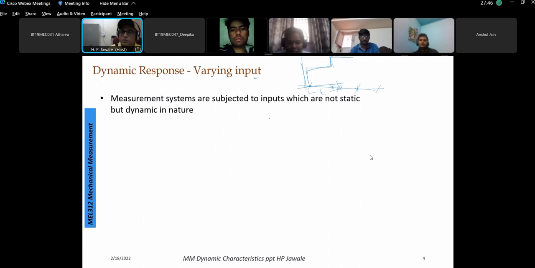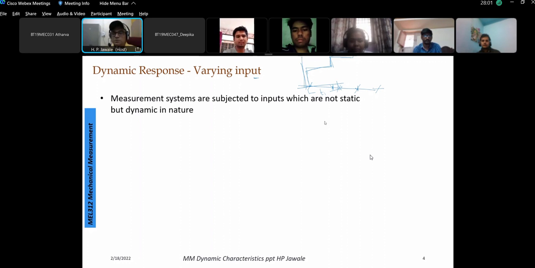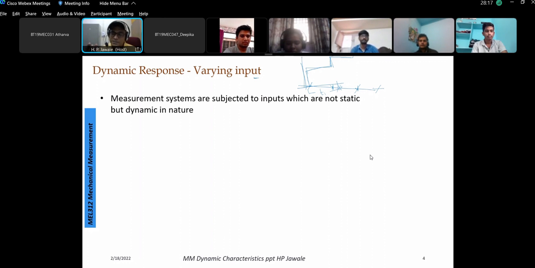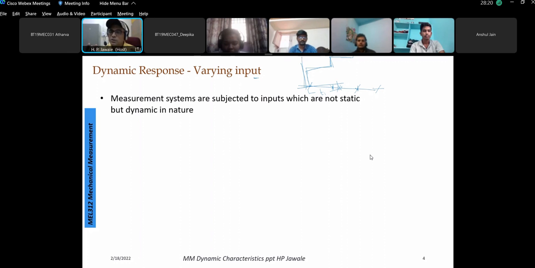So here also we need to understand this, and if this is happening in a very short period of time, then probably the instrument may not reach its stable value for the very first input that has been applied. Right? Say it takes around 1 minute or 2 minutes to settle down on the temperature measurement of a patient, and then immediately you apply some other input that has a different temperature than that of the human body, you find that the reading will not be proper.